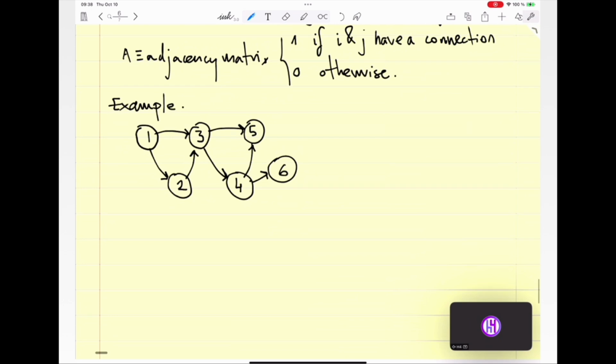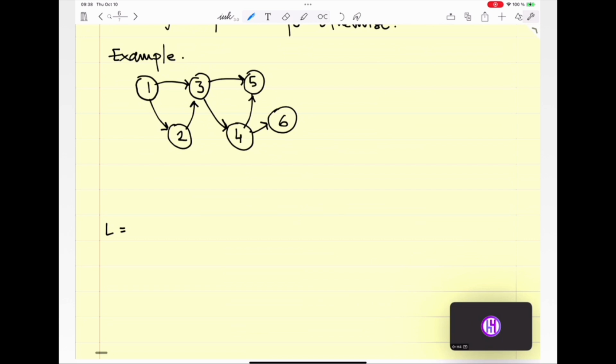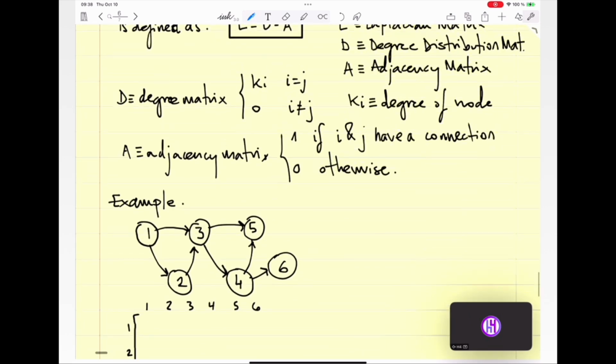So now let's see how we create the Laplacian matrix. And this is important because this helps us do a lot of things with the network. So the Laplacian of the matrix is created like this. This is going to be the degree matrix, with nodes 1, 2, 3, 4, 5, and 6. So it said there it has k sub i in the diagonal and 0 in the rest.